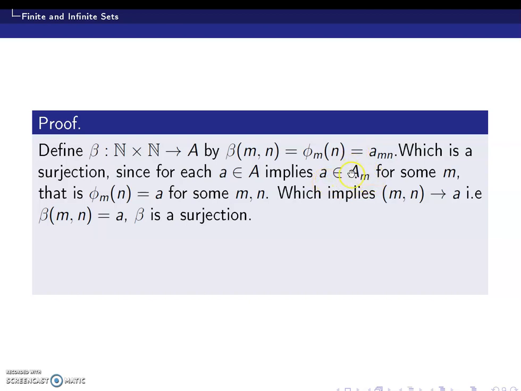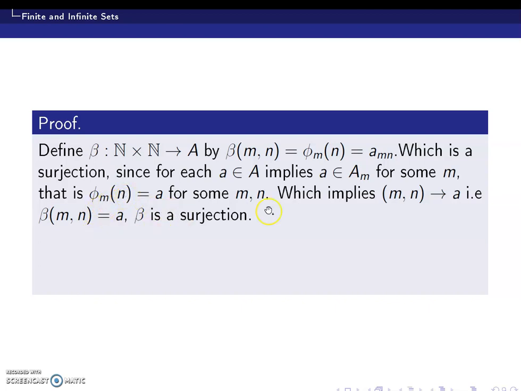And since A_m is countable, there exists a surjection from the set of all natural numbers onto A_m. That surjection is phi_m. So a must be the element of the image of phi_m at the point n. Let's say n is the point which corresponds to a. So phi_m of n is a.